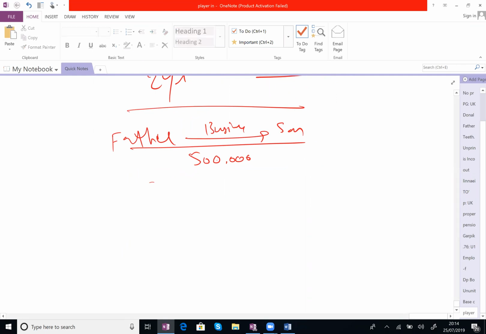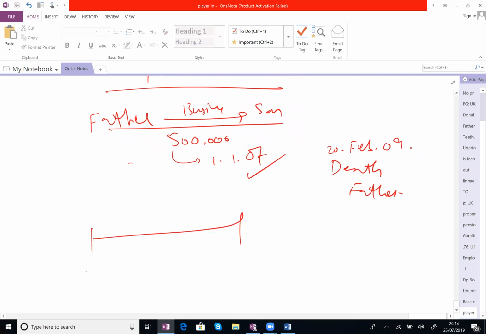This gift is made on 1st January 2007. That is a PET gifted. And now father died on 20th February 2009, the death date of father.